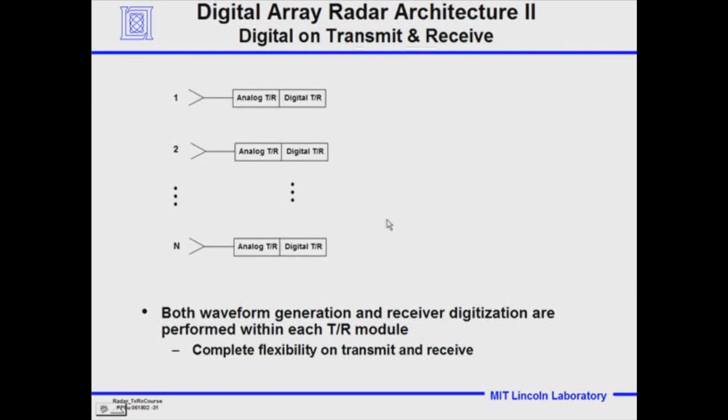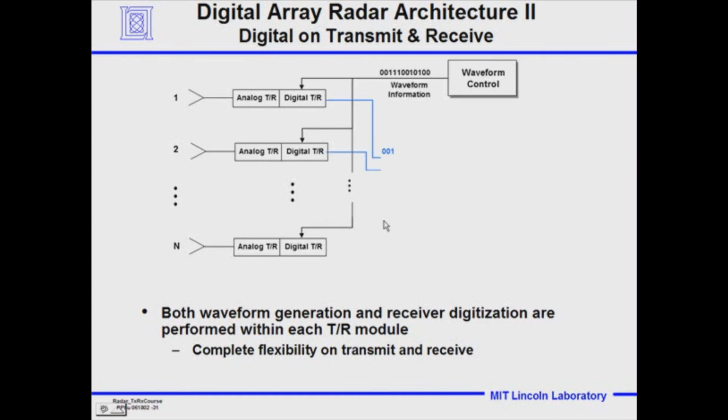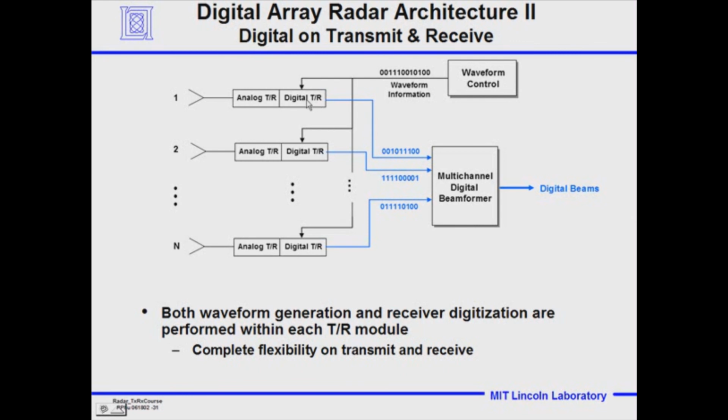Okay. Now the last subject I'm going to dwell on is that we can transmit and receive digitally. That is, we can have our waveform control, and then up in the transmitter, we can digitally generate the transmit signal right up in the TR module, so that we have digital on transmit and receive.